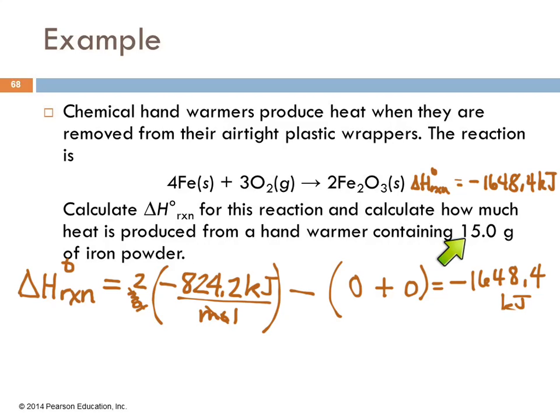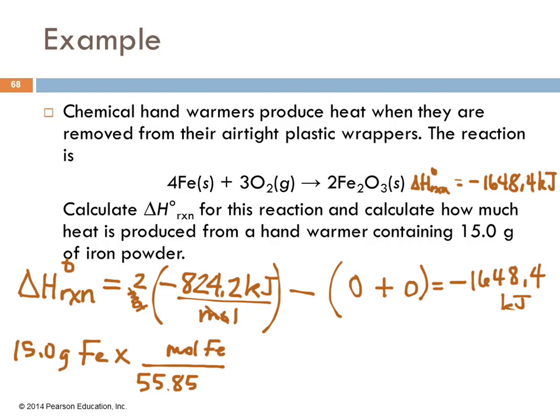15 grams of iron, we could figure out how many moles of iron, right? Using the molar mass of iron. And then 4 moles of iron would make that much energy. So 15.0 grams of iron, 1 mole of iron up here, 55.85 grams of iron down there.